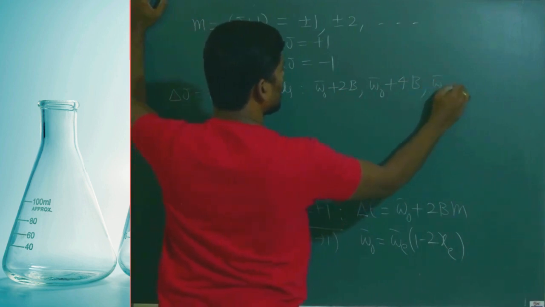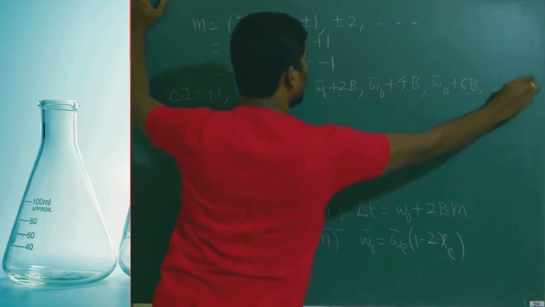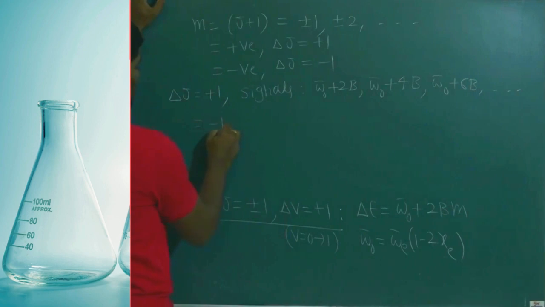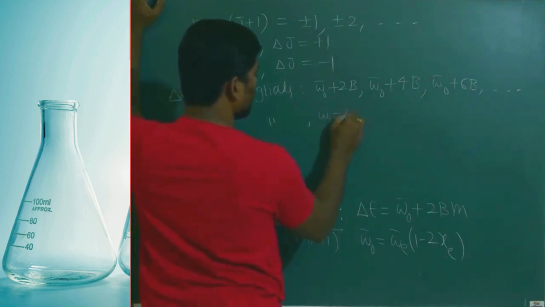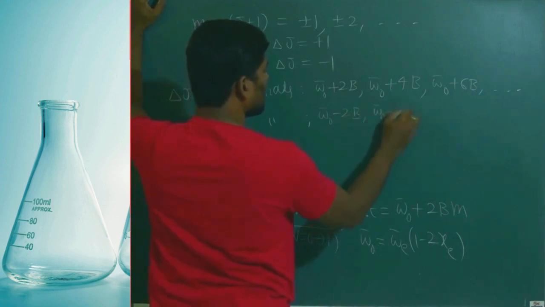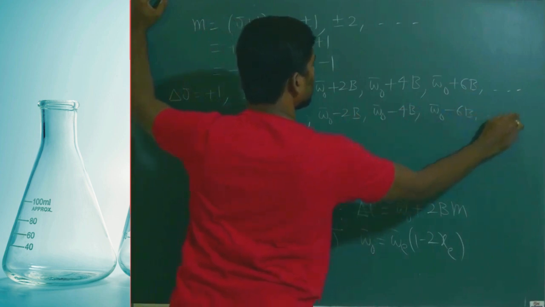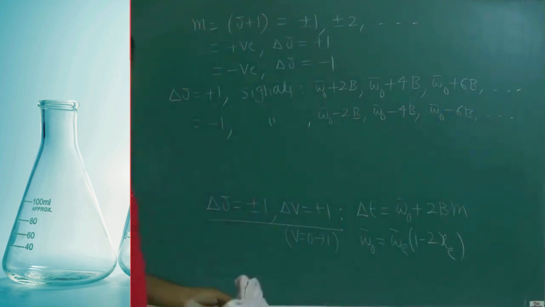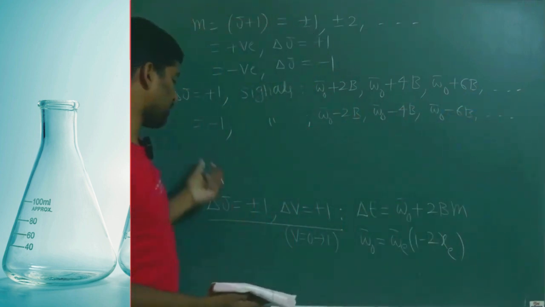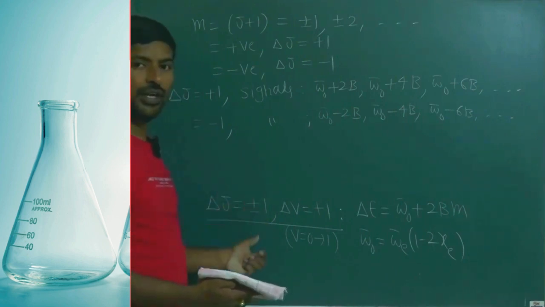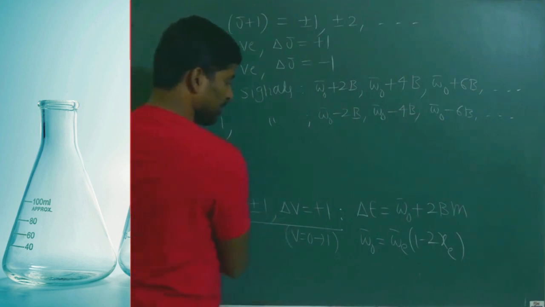Plus 3, omega bar naught plus 6b, and so on. Similarly, if you substitute delta J equal to minus 1, we will get signals at omega bar naught minus 2b, omega bar naught minus 4b, omega bar naught minus 6b, and so on. So like this we get various signals corresponding to the delta J plus 1 transition and the delta J minus 1 transition.